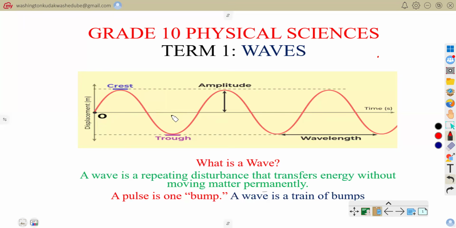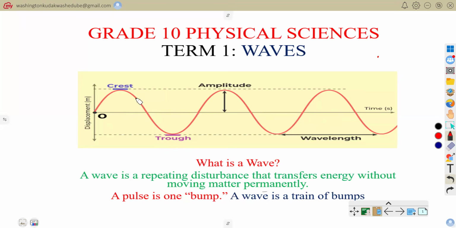What do those become? If it is only a single short disturbance, it becomes a pulse. But if we have a series of pulses, or a series of repeating disturbances, that is what makes what we refer to as a wave. And a wave carries energy, but it does not move matter permanently.